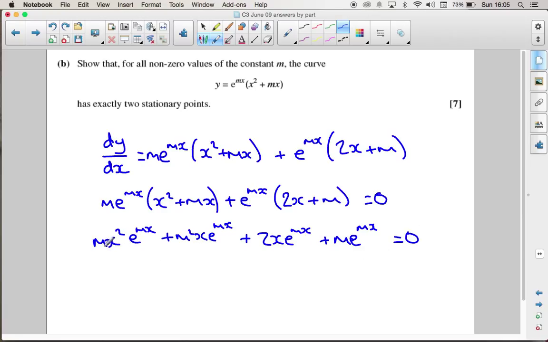They all have an m e to the mx term in them, so if I factor that out, then we get x squared plus mx plus 2. Oh, this one's not got an m term in it, that doesn't matter.